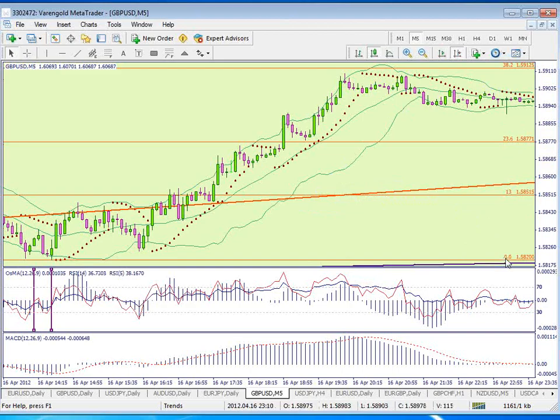If I put the Fibonacci on the last wave that I have on the 4-hour, I have some expectation, so I will go with this signal here. I will go with this signal for buy, but my expectation is the 13 level or 23.6 level or even 38.2.